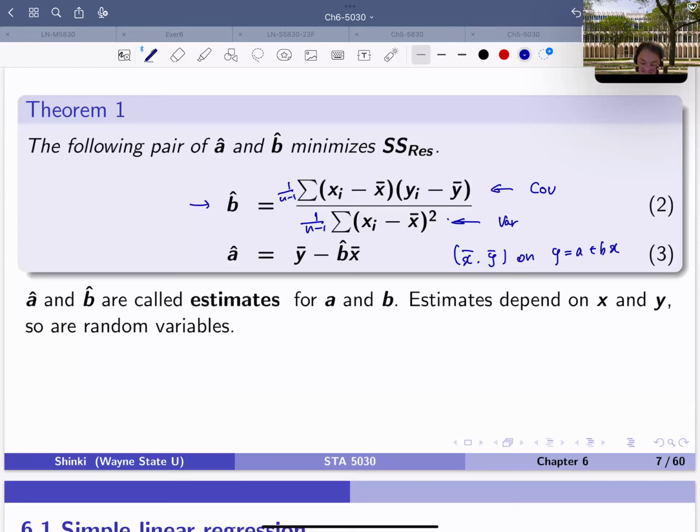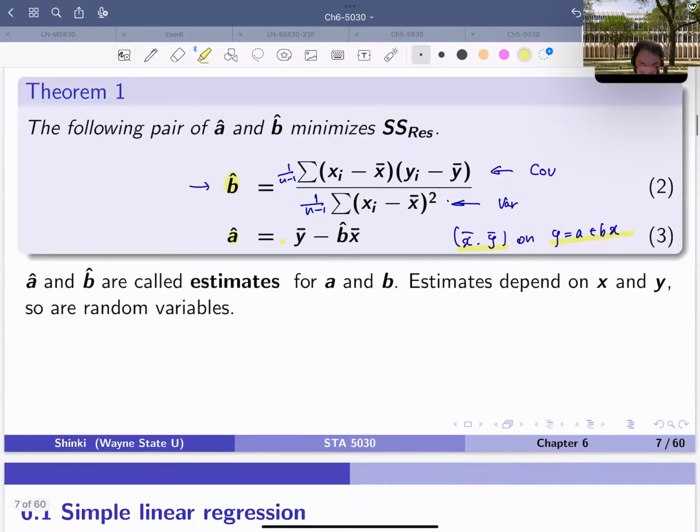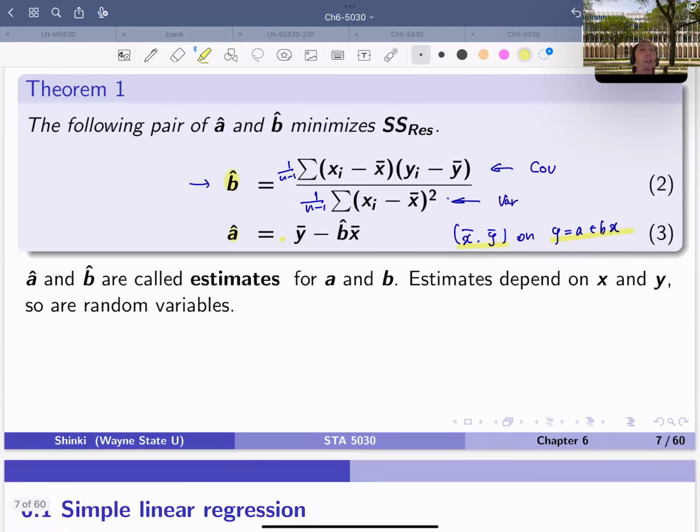So it's natural to assume that the center of the data, x bar and y bar, is on this trend line. And actually, this is true mathematically. So once you get b hat, we can calculate a hat in this way. Later we discuss a more convenient formula, but this is the formula for at least simple linear regression.